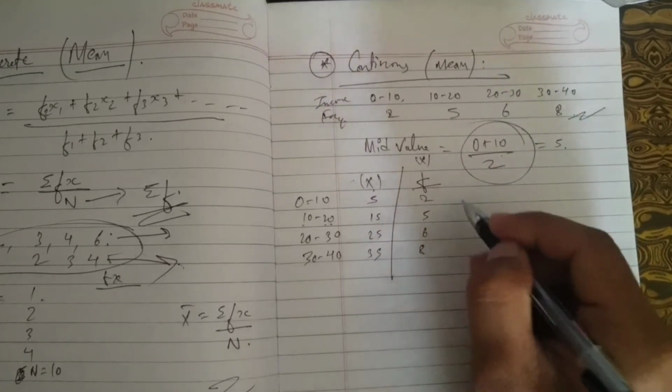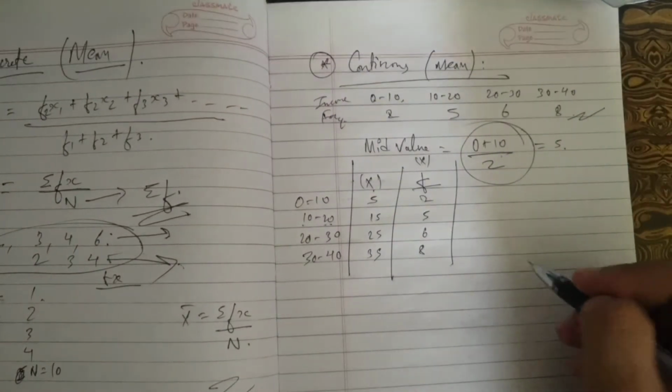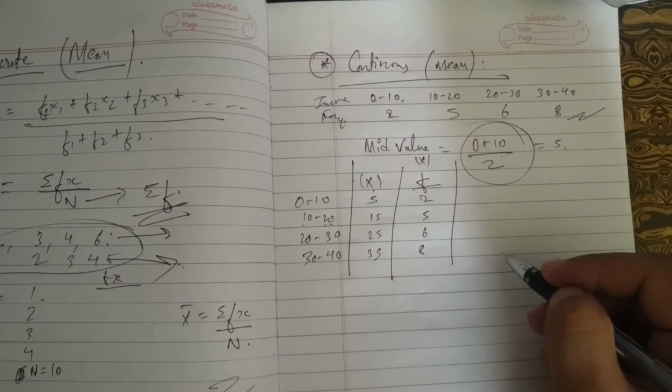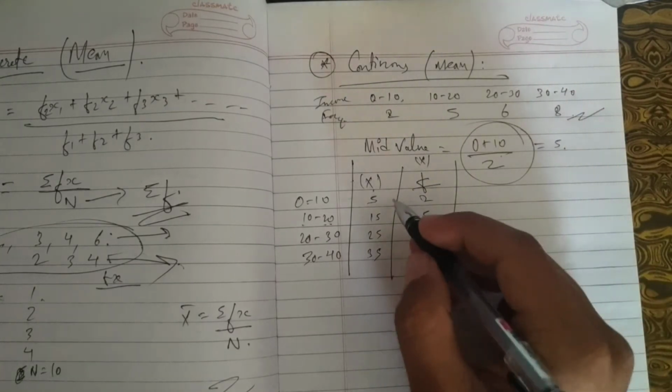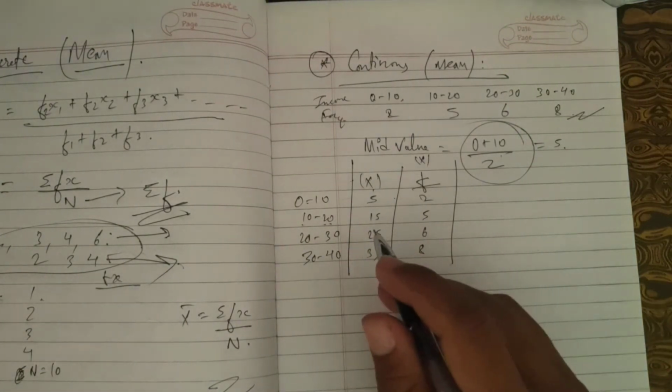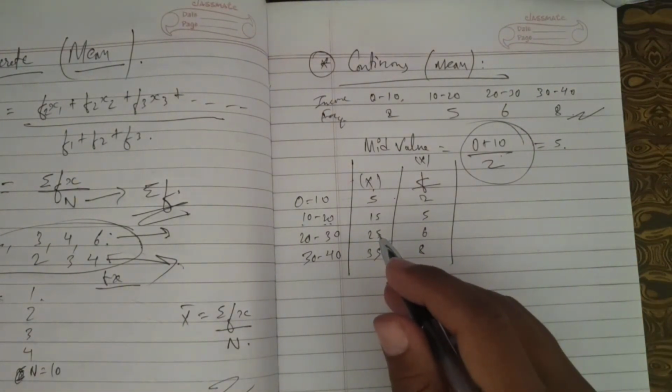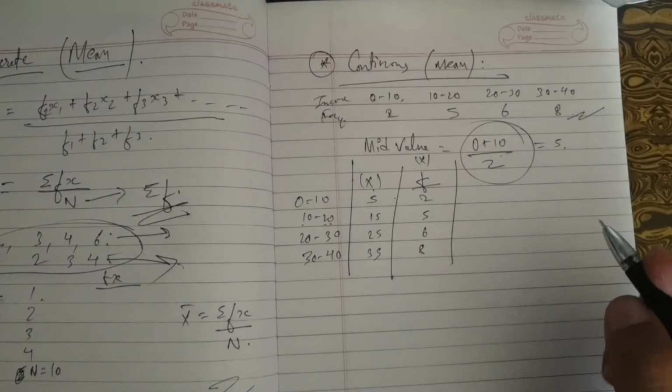Okay, so this will be your continuous series. In this case you will need to find out your middle value. So that's pretty much it.